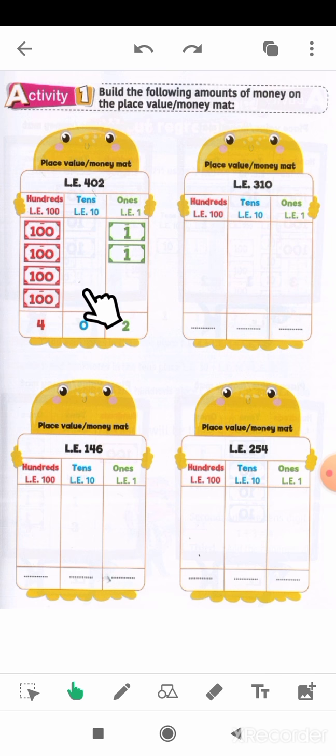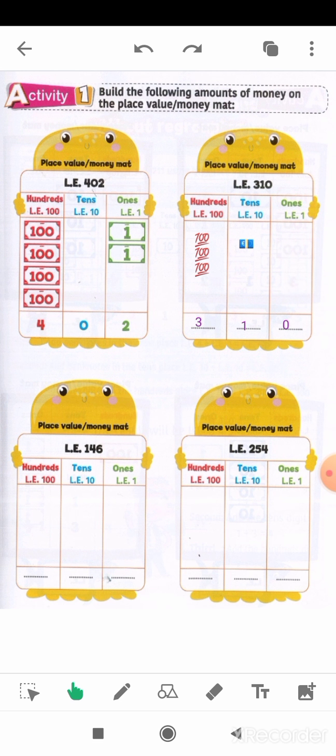We have no tens and we have 400s, so we have 4 papers of hundreds, 100 pounds, 1 2 3 4. Here we have 310, so we have 300s, 1 2 3, and 1 ten and 0 here. No ones or no pounds here.